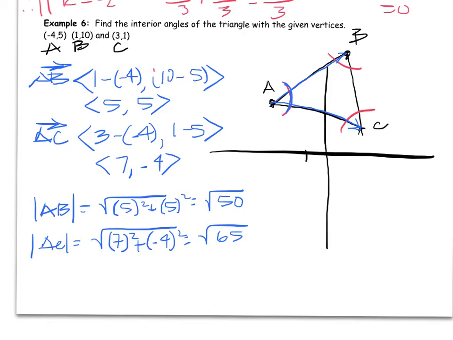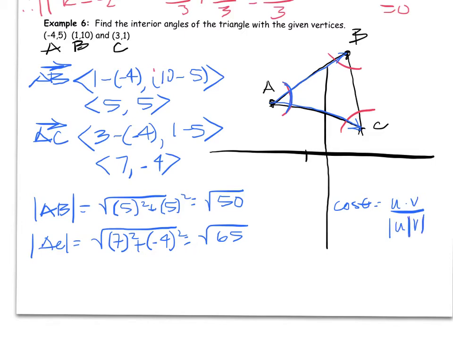In the previous section, I think it was section 6.1, we learned how to find the angle in between two vectors. We use the equation where cosine of theta is the two vectors multiplied together over the magnitude of each vector.